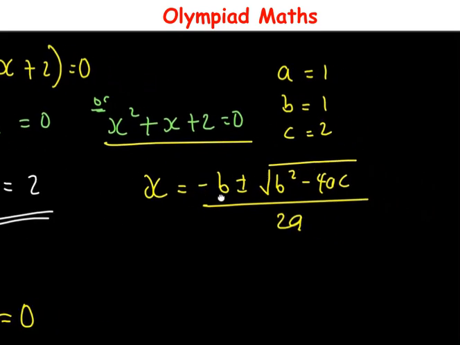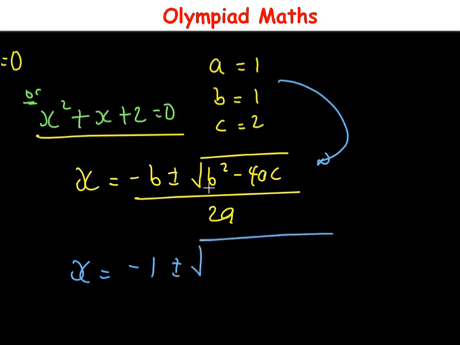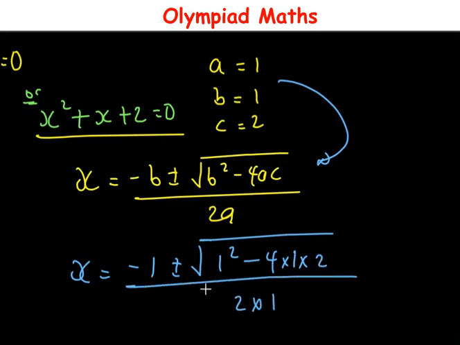So inputting the values of a, b, c into the formula, what we have for x is this: minus b, which is 1, plus or minus square root of b squared, that will become 1 squared, minus 4 times a, which is 1, times c, which is 2, all over 2 times a, which is 1.